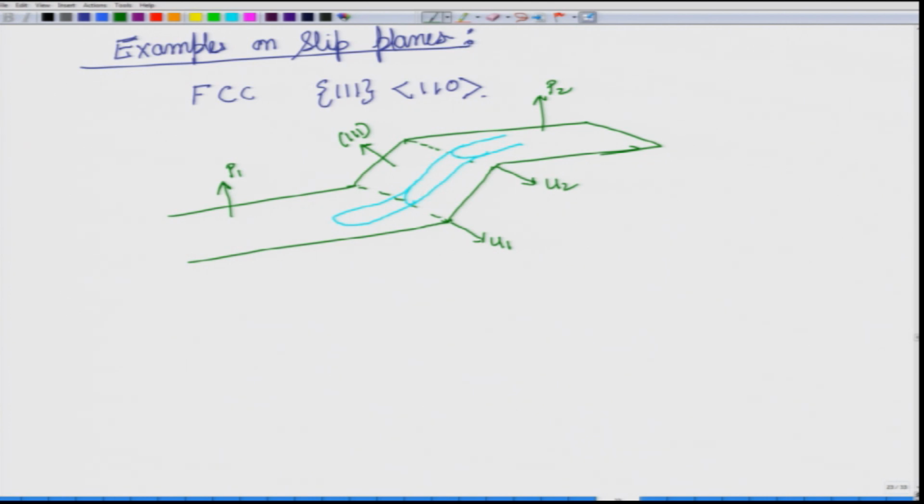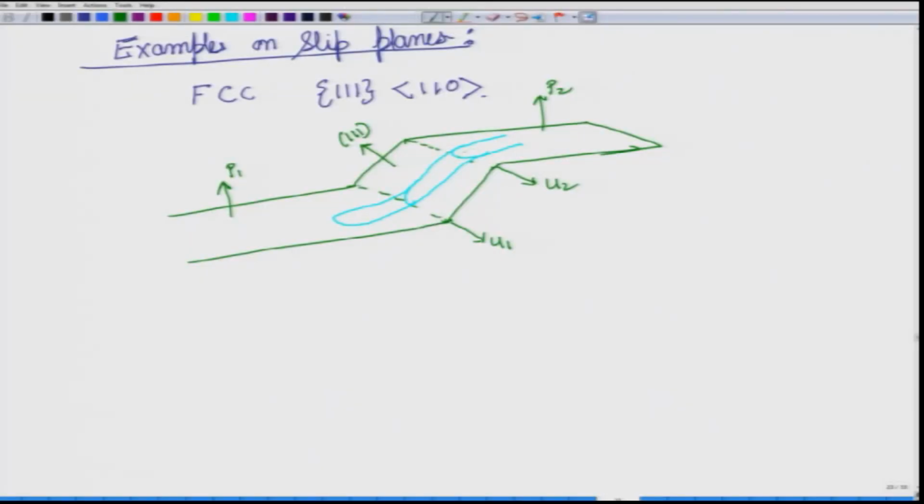If you remember, which particular dislocation can really cross slip, it is only screw dislocation, but we are showing a mixed dislocation here. So, do not worry about it, we will explain the phenomenon later on, but just assuming that it is only the screw dislocation which has cross slipped from plane P 2 onto 1 1 1 plane and then 1 1 1 plane to P 1.